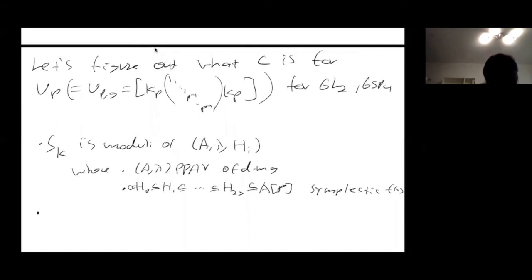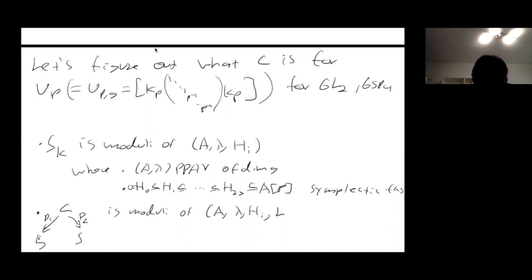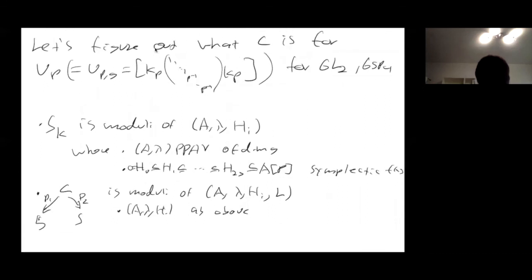And what is the correspondence? Well, the same stuff as before, but now we add another subgroup L. So A, lambda, and H_I are as above. And what is L?